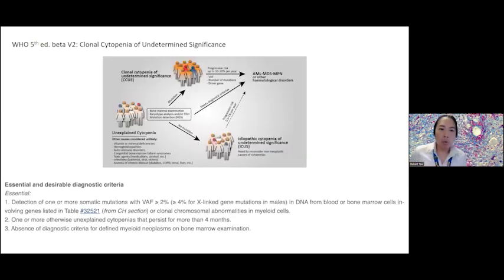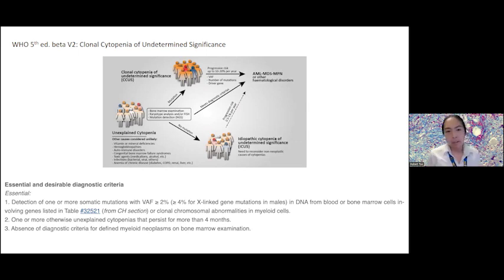The point here, again, would go back to, if you're going to read the Bible here, WHO, 5th edition, beta V2, we kind of come to the consensus that there is no dysplasia. So essentially that leaves us with the diagnosis that this is clonal cytopenia of undetermined significance.